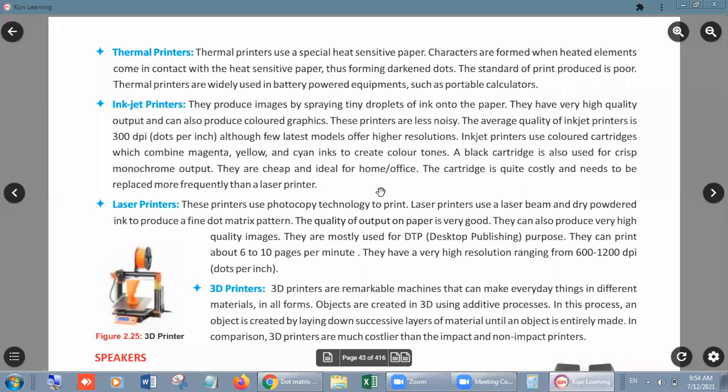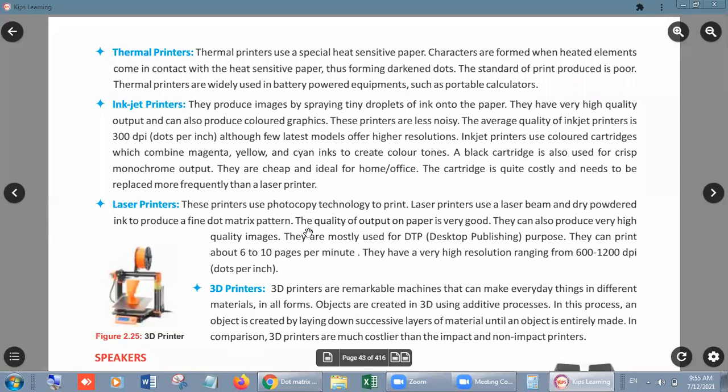Nowadays we are using these kinds of printer. Laser printer is just like a photostat machine, you can read also. These printers use photocopy technology to print. Laser printers use a laser beam and dry powdered ink to produce a fine dot matrix pattern.